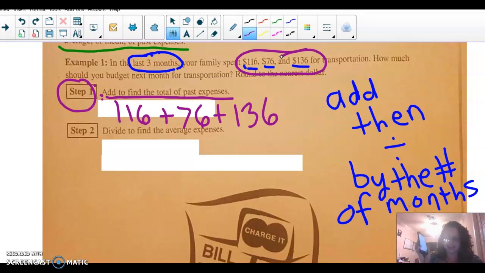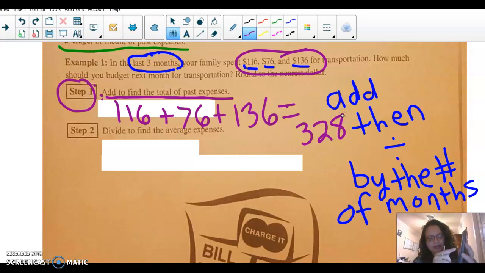Where it says equals, you're going to hit enter and get your final amount, which is 328. And then you need to make sure that on your calculator you press clear. If you don't press clear, it's not going to do the operations correctly and you might get the answer wrong. So make sure you clear your calculator before you do the next step, okay?